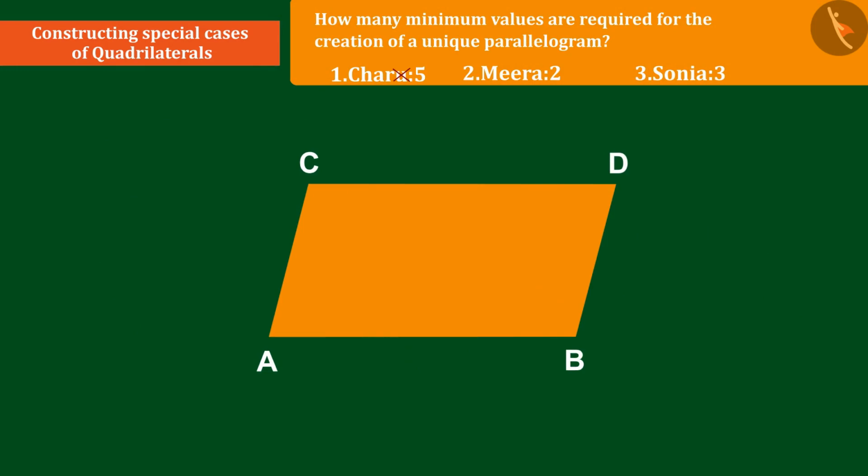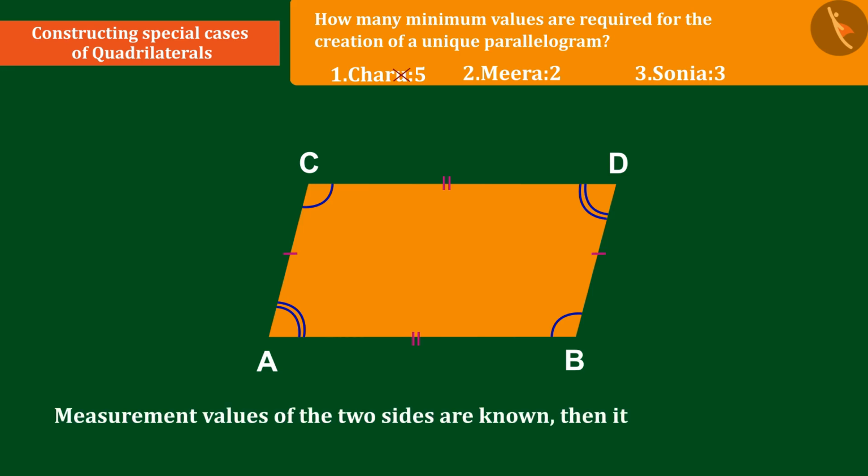Absolutely right. Meera knows that the measurement values of the opposite sides and angles of the parallelogram are equal and she thinks that if the measurement values of the two sides are known, then it is possible to construct a parallelogram.